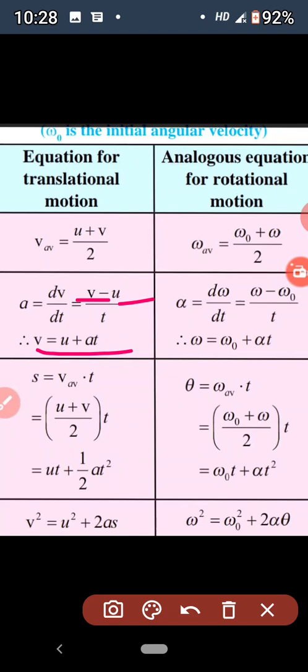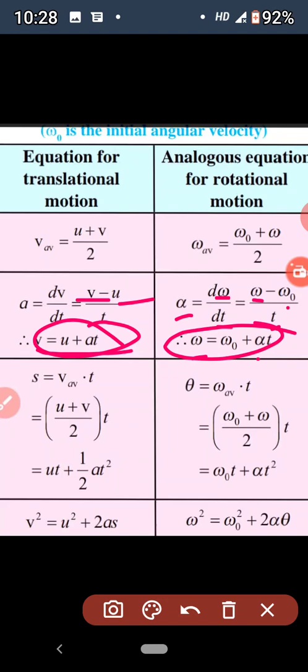Similarly, in rotational motion, angular acceleration alpha is d omega by dt, the rate of change of angular velocity with time, that is final angular velocity minus initial angular velocity divided by time. So we get omega is equal to omega 0 plus alpha t. If you compare these equations, there are analogous physical quantities.